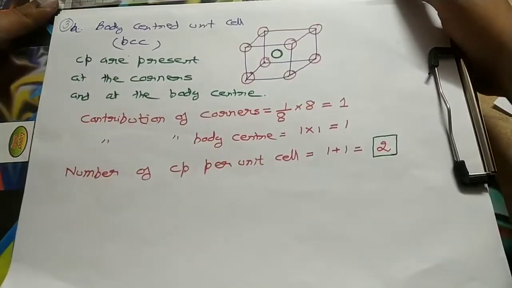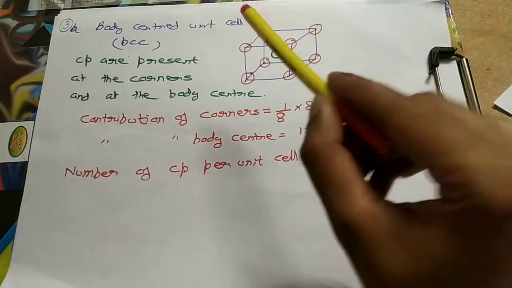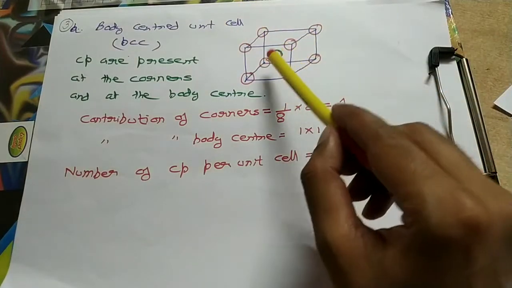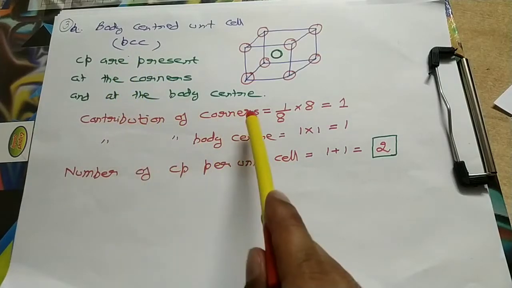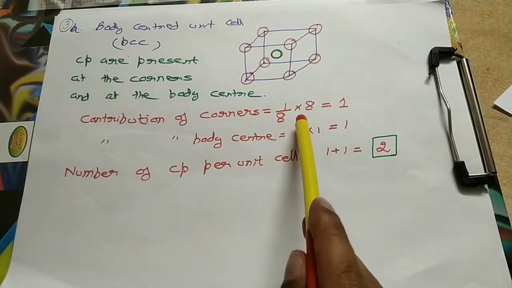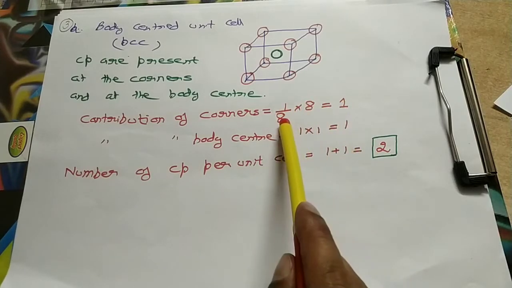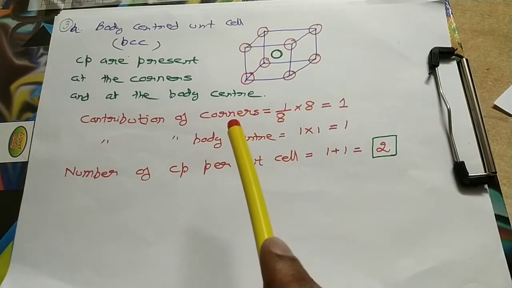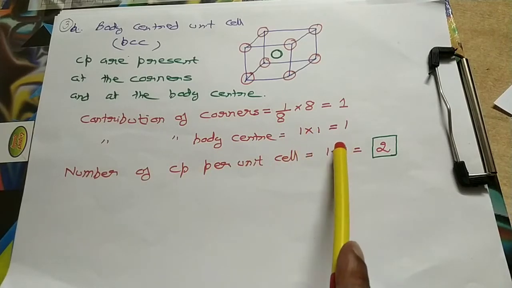In body centered unit cell, constituent particles occupy corners and the body center. Now contribution from the corner is, अभी जो लास्ट केस में काउंट करें वही होगी. It is 1/8 into 8 equal to 1 and contribution of a body center is 1.